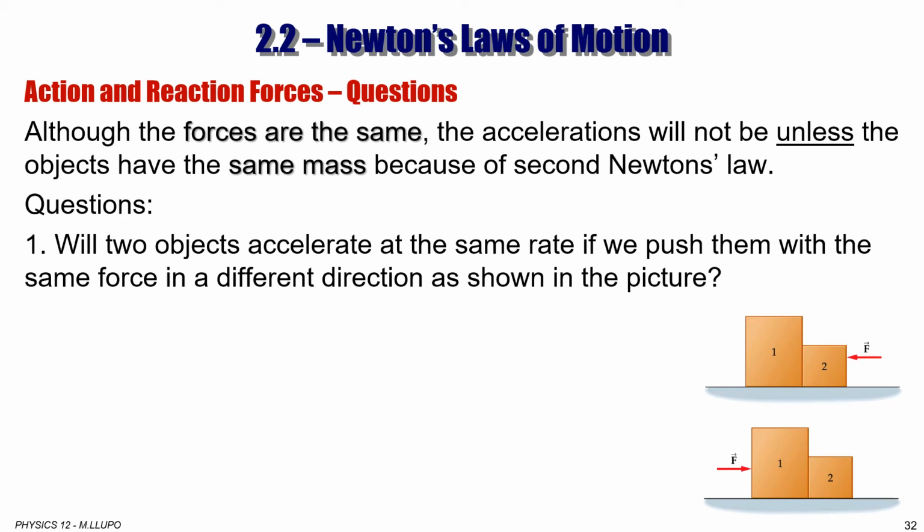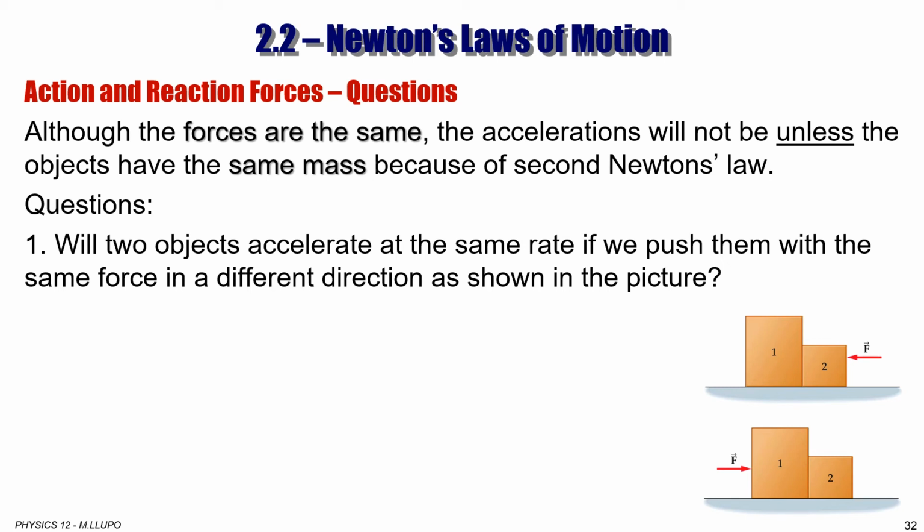Will two objects accelerate at the same rate if we push them with the same force in a different direction as shown in the picture? So there are two blocks. In the first, the force applied on block 1 pushes block 2, and obviously block 2 is pushing block 1. In the second, the force is applied on block 2, and as a result, block 2 will push block 1.